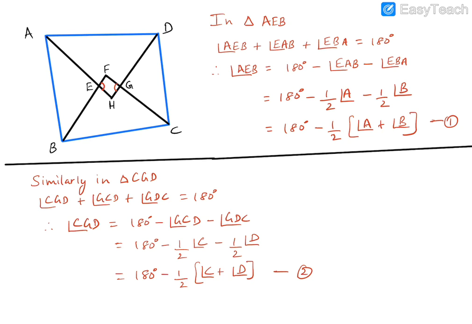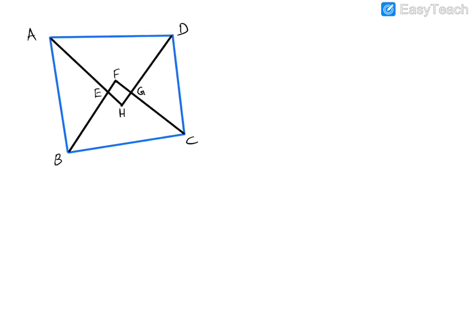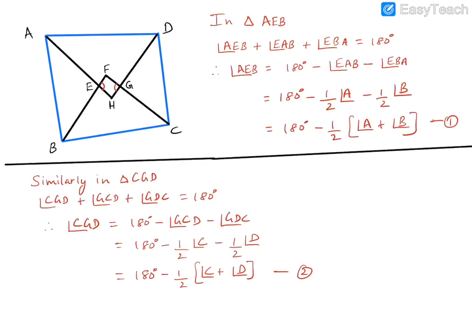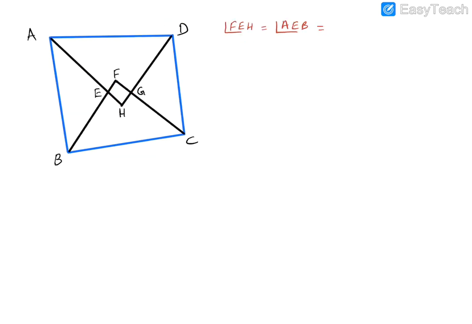So from our previous discussion, angle FEH is equal to angle AEB, and from equation 1, this becomes equal to 180 minus half A plus B. Let me write that in the next line.